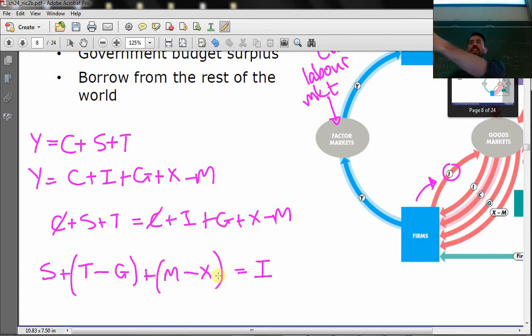If we export, we send some goods to the rest of the world, but we're taking back more of them. We're saying to the rest of the world, please, can we borrow some goods and services from you? We're taking more than what we're giving to you at the moment, which means we're borrowing from you for now.